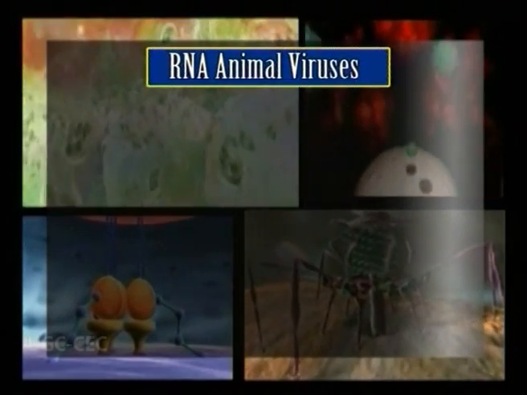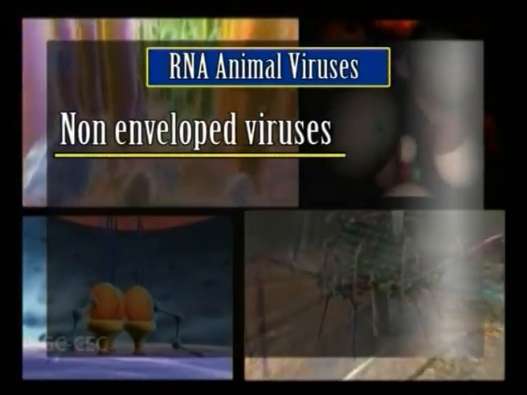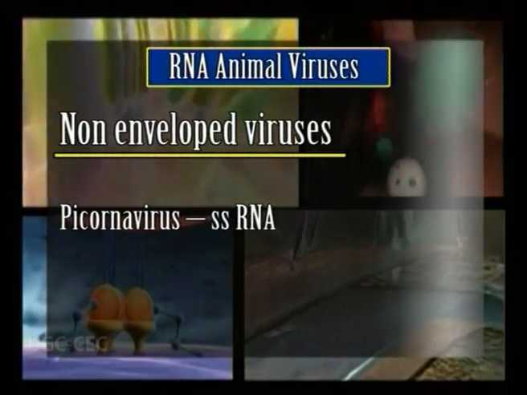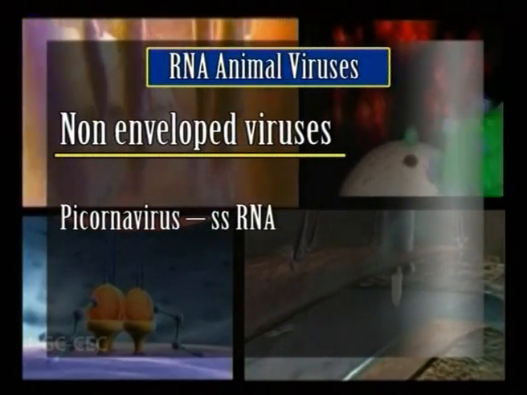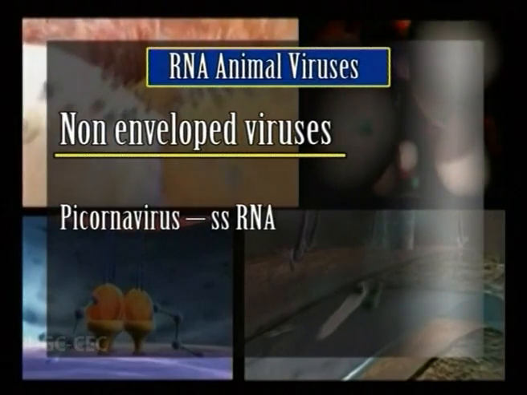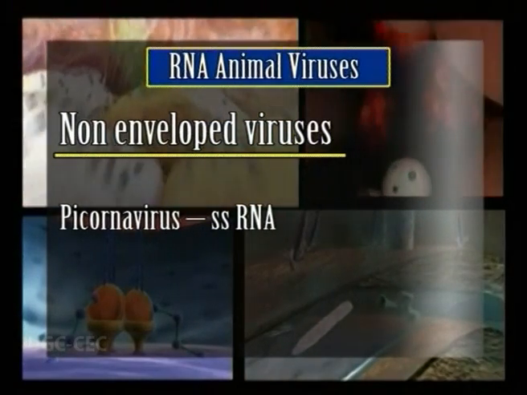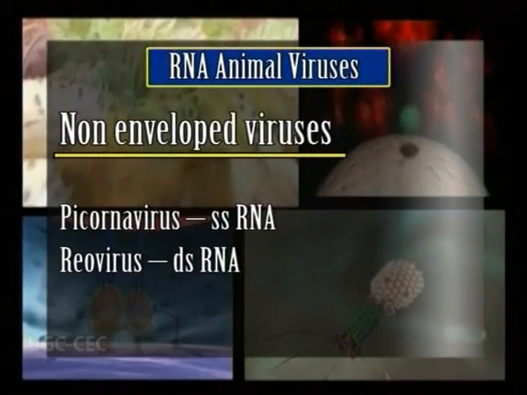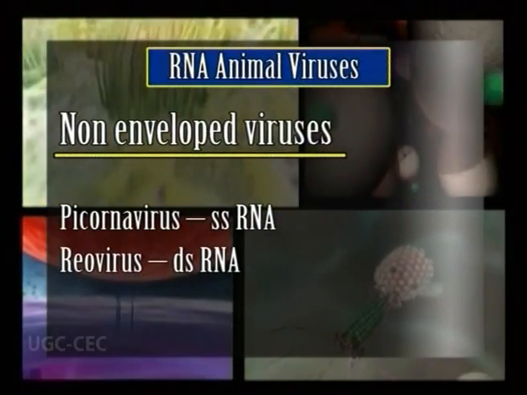RNA animal viruses, they too are non-enveloped as well as enveloped. In non-enveloped, picornavirus has single-stranded RNA, whereas reovirus has double-stranded RNA.